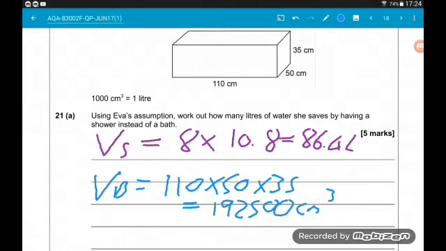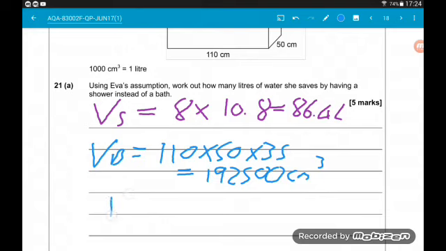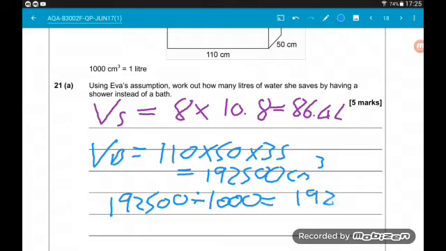We know that every 1,000 of that is a litre. So we then do 192,500 divided by 1,000 to turn it into litres, and we get 192.5.